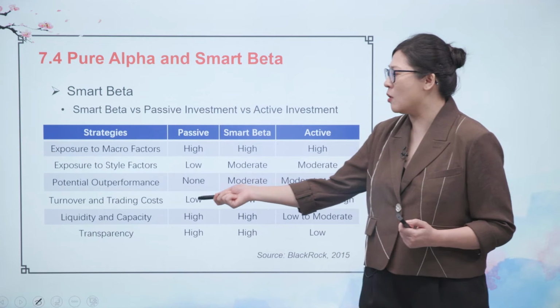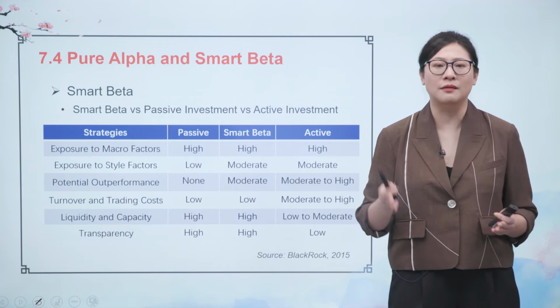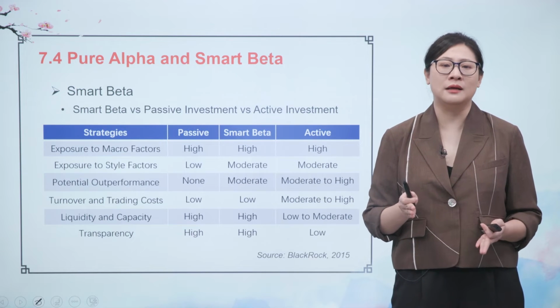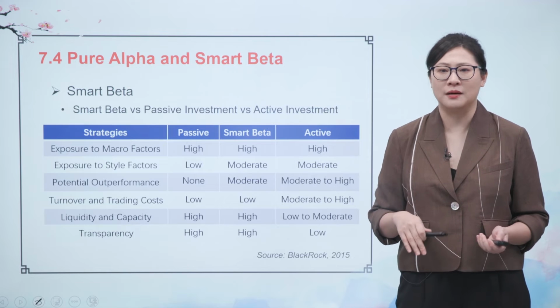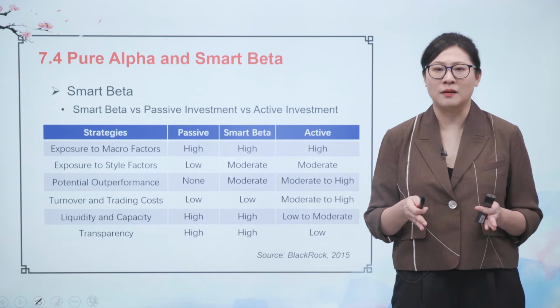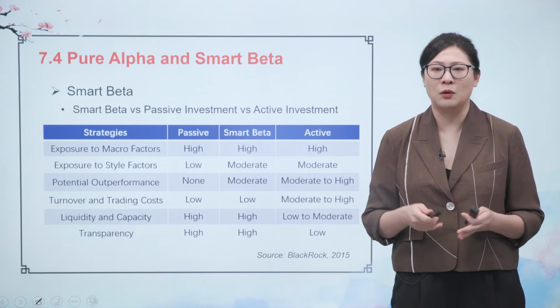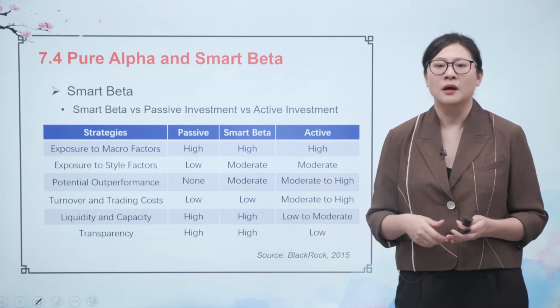For turnover and trading cost, the passive strategy has low trading cost and turnover, and smart beta is also much lower because it tracks the benchmark, and based on that benchmark we change the weight or change the stocks in it.